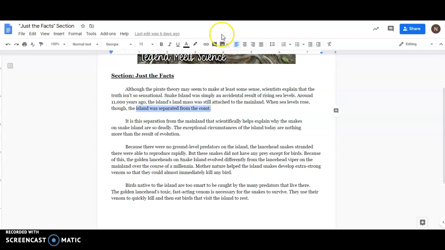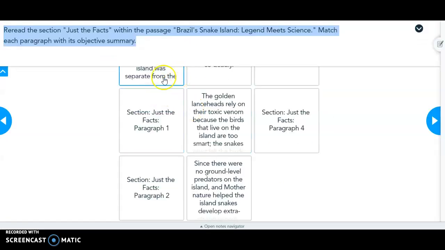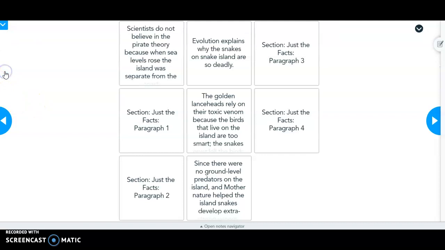Okay, so let's go back to our activity and notice that we can put these directions back up at the top. Here is section Just the Facts, paragraph 1. If you notice these right here, this says paragraph 3, paragraph 4, paragraph 2, so we are not using those as the objective summaries for the paragraphs. But you notice there's a box here, here, here, and here. If we read each of these, we should be able to match the objective summary with paragraph 1.